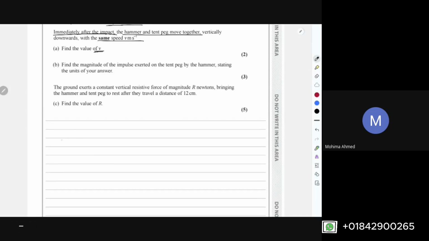If I want to draw this as your collision diagram, this is how we will draw. This is your hammer and peg.